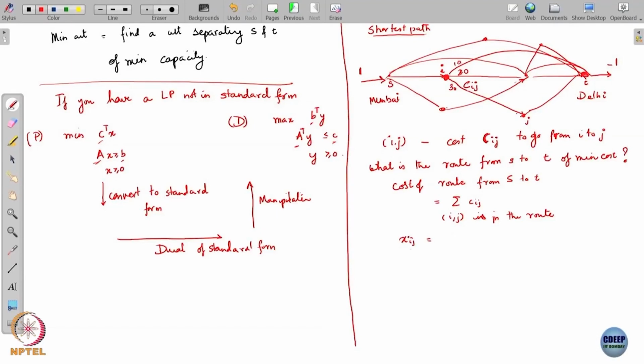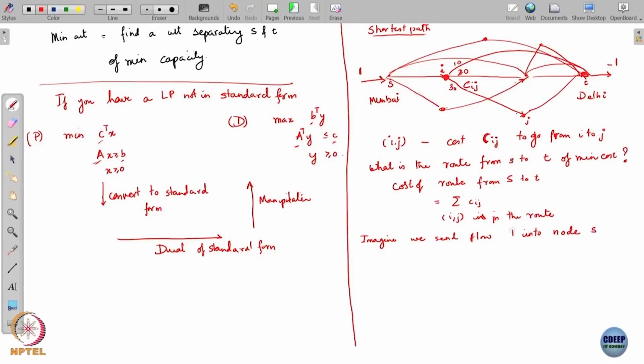So, suppose I am sending... imagine a flow of 1 into node S. Okay.